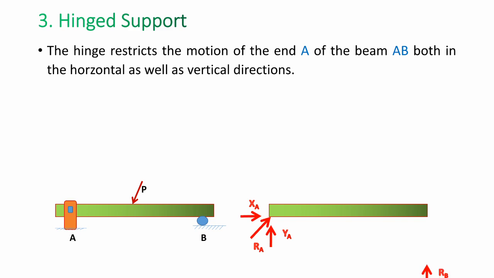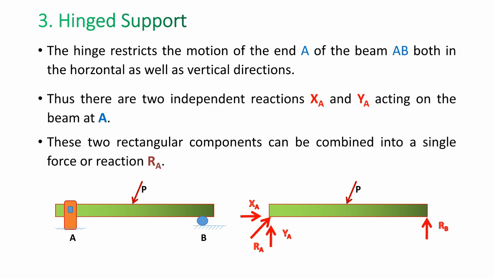And the next reaction force is generated at B, in the vertically upward direction, because at B the motion is restricted only in the vertically downward direction. So because of the x and y components of P, two reaction forces are generated at A, restricting that motion. That is what we have discussed here.